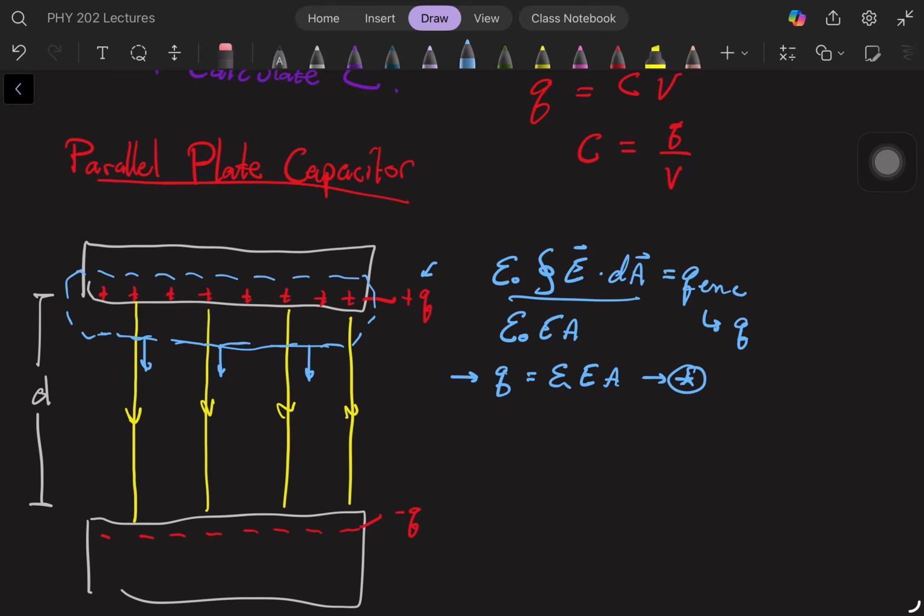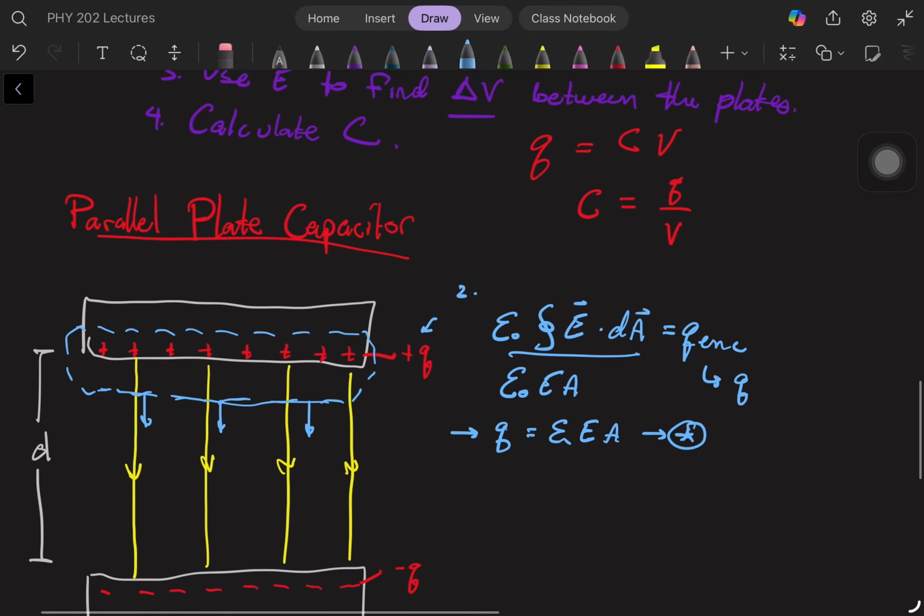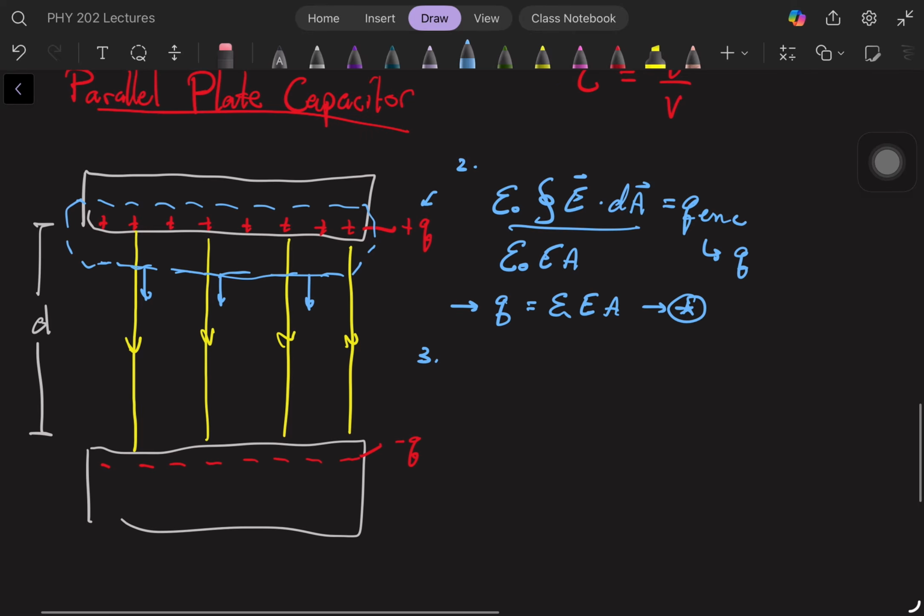We're going to star that one, and this was step 2. So step 3 is, well, we'll say step 1, find E field. Use E to find V.